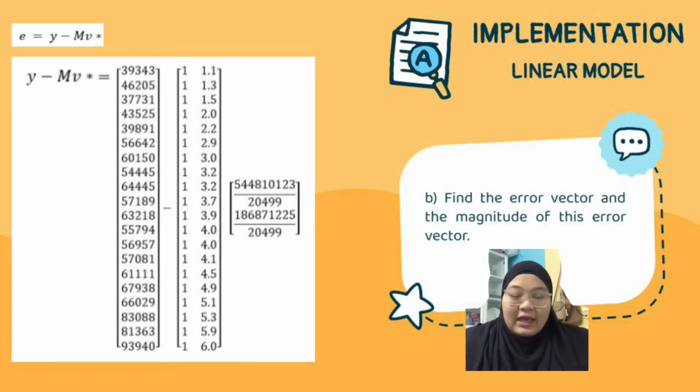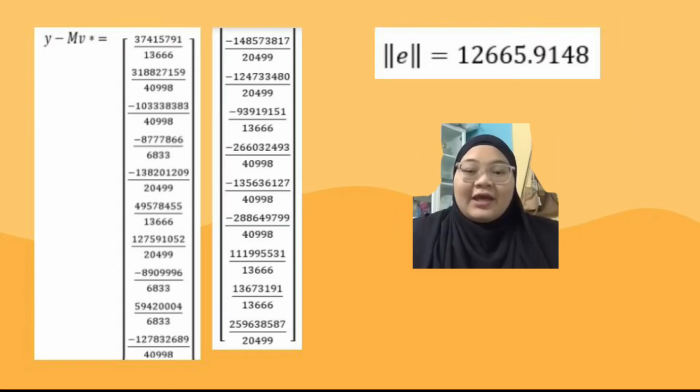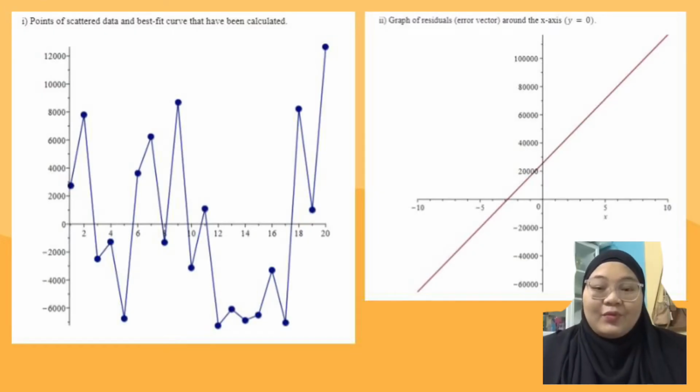As we can see in the slide, firstly, I substitute all the values in the formula. After I substitute all the values, I got the magnitude of error vector for linear is 12,665.9148. By using Maple, we can get our best fit curve for our linear model as shown in the slides.